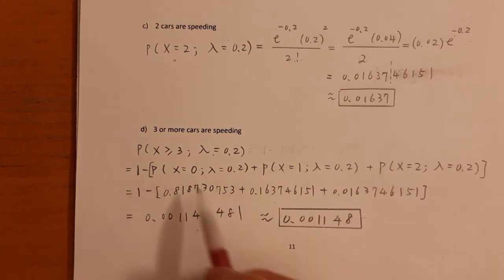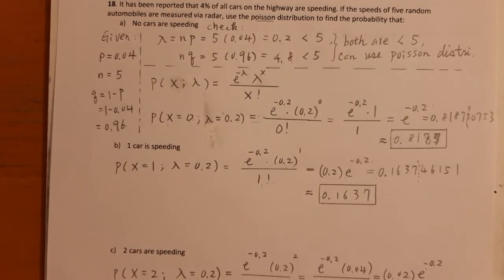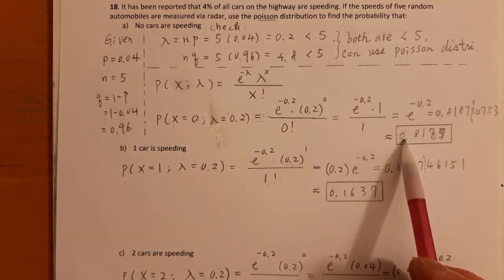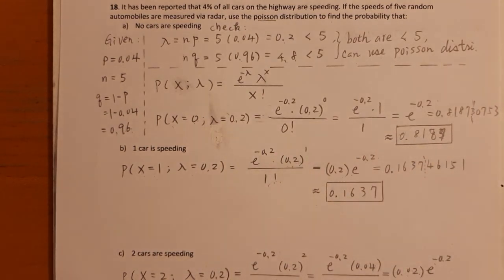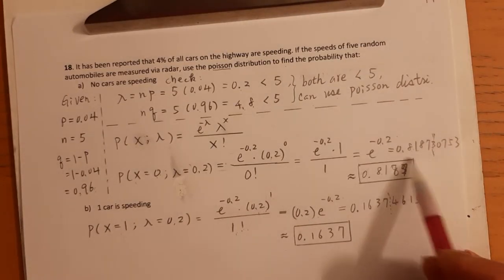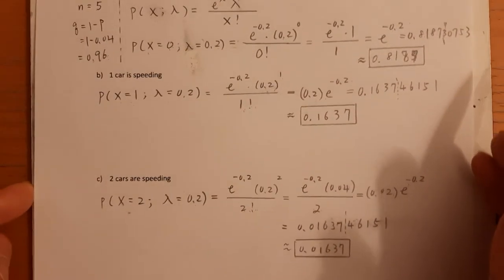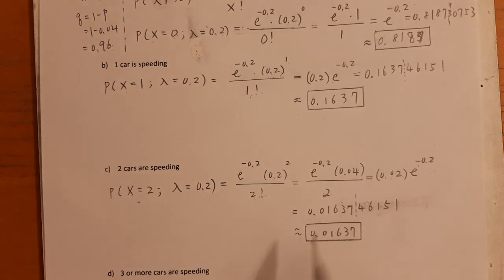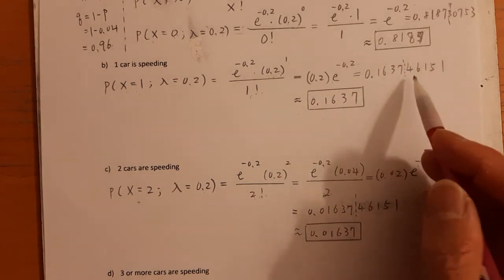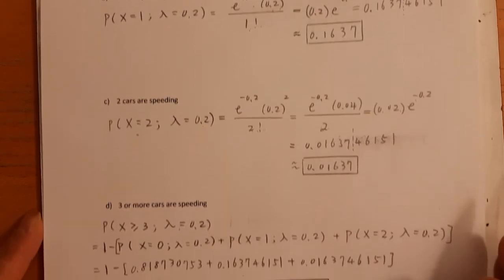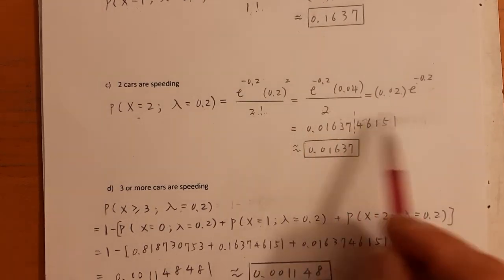So 1 minus, x equals 0 comes from A. You got this number A. And add when x equals 1, this number. And add x equals 2, this probability.